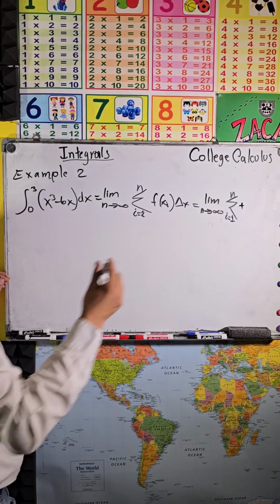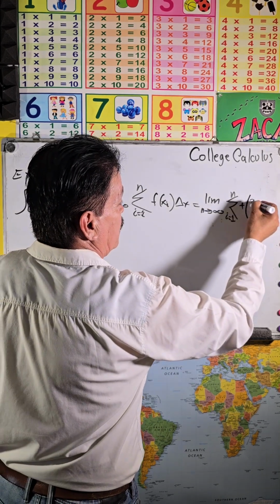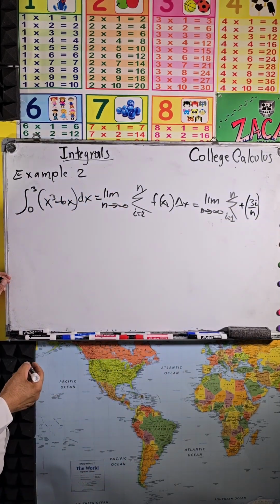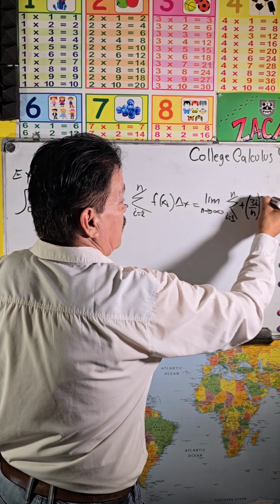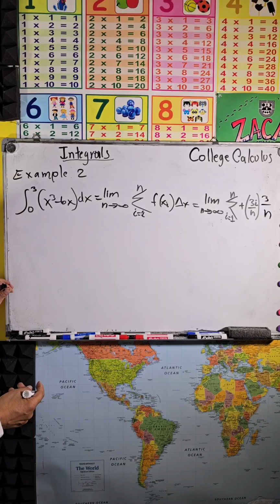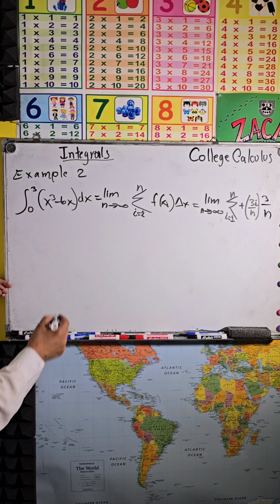Now look, this is very important. We have to write 3i divided by n times 3 divided by n.